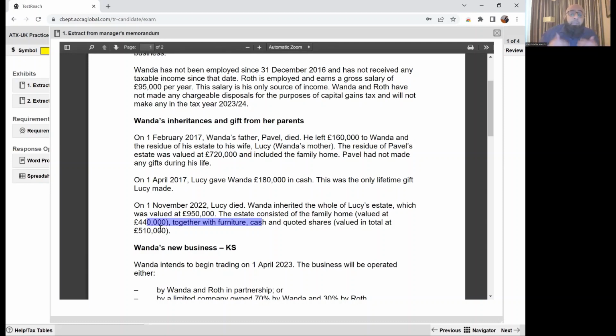So Venda has got certain inheritance from her mother, Lucy. We are given some detail about Lucy's gifts to Venda, and we are also given detail about Lucy's husband, Pavel. Now, you all must remember, I always teach you while teaching inheritance tax, that whenever the question talks about the spouse death, see, Lucy is gifting to Venda.